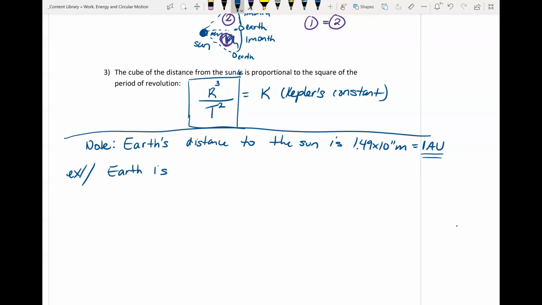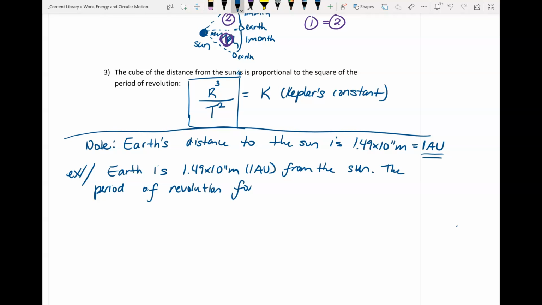So the Earth is 1.49 times 10 to the power of 11 meters, or in other words, 1 astronomical unit from the sun. We also know that the period of revolution for Neptune is 60,185 days.